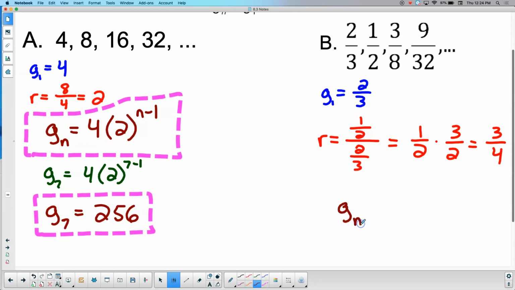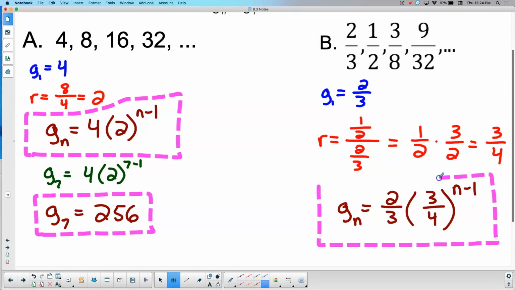So G sub n would equal 2/3 times 3/4 raised to the n minus 1 power. Fractions are our friends. We're okay with them.